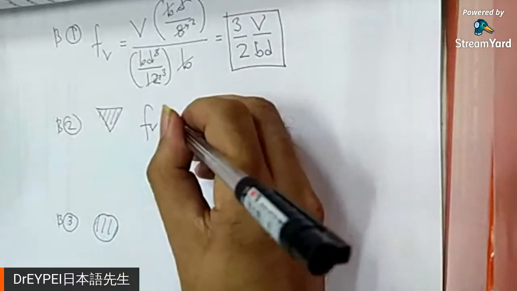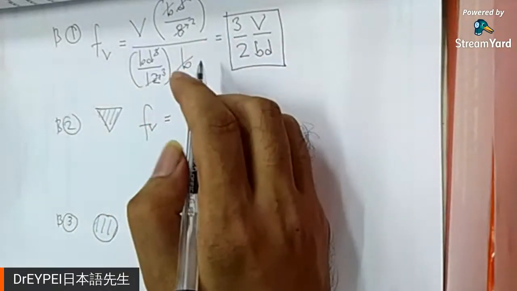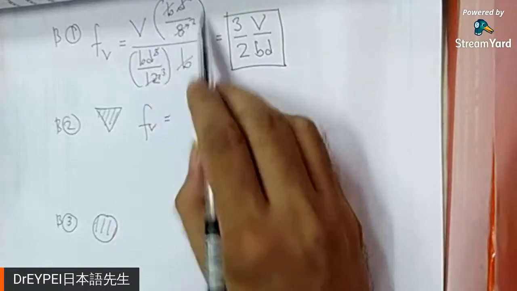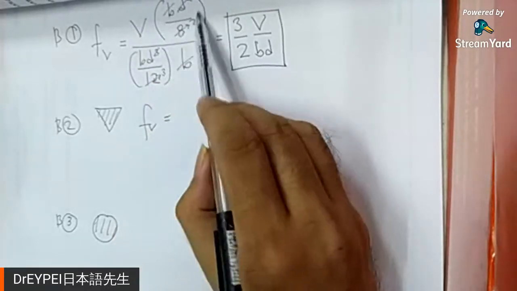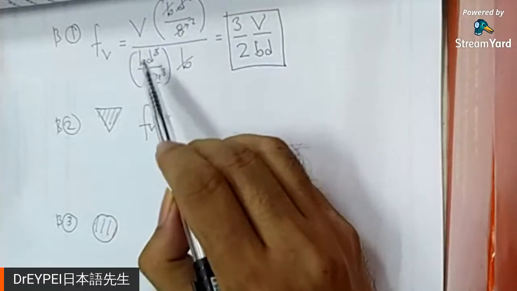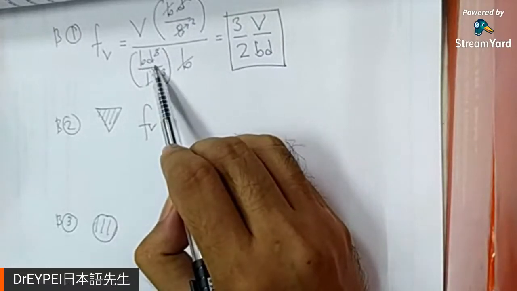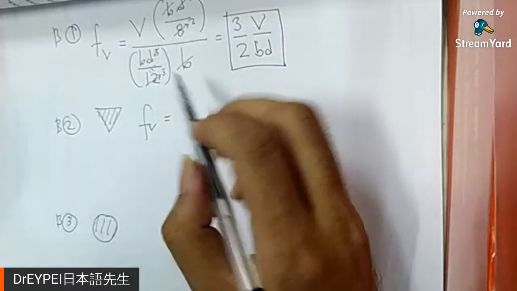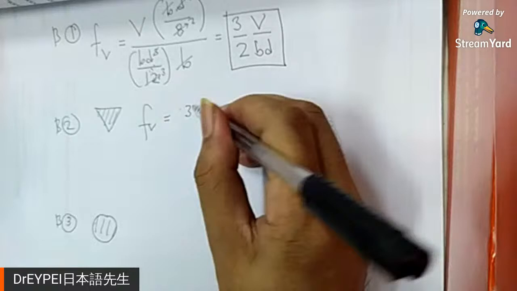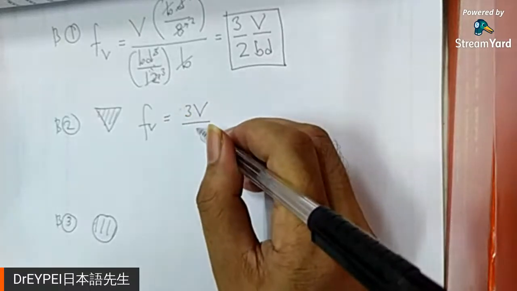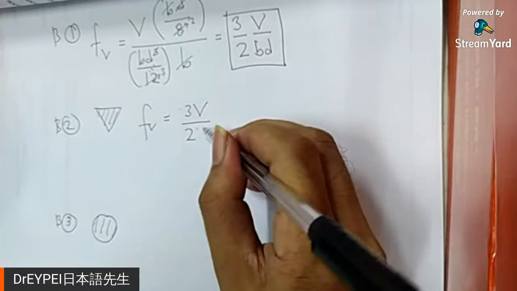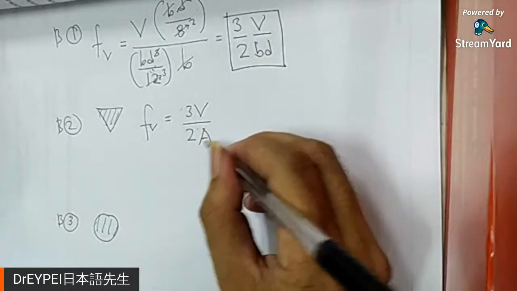So F is equal to, substitute for the value of Q and substitute for the value of I. And then simplify. What will happen is 3V over 2A. Okay? So that is area.